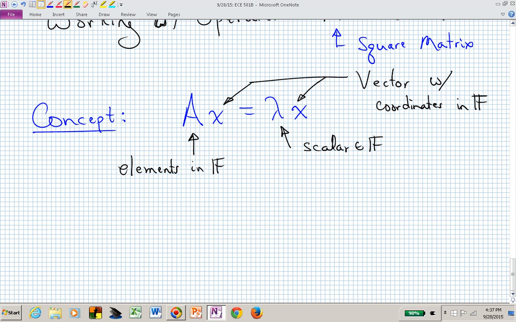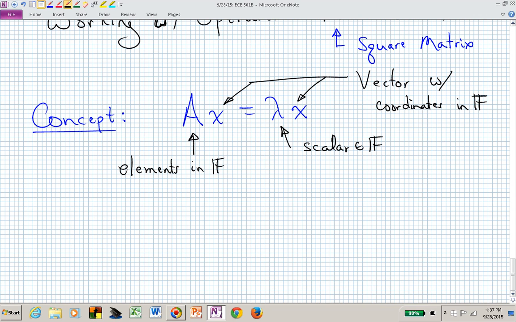We have a matrix A that operates on a vector, and the result is that we stay in that same vector, we just scale it by a scalar lambda.